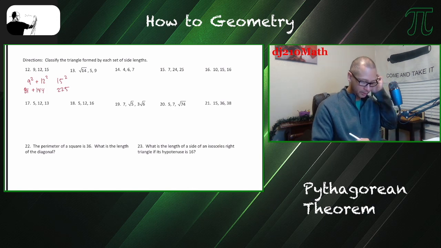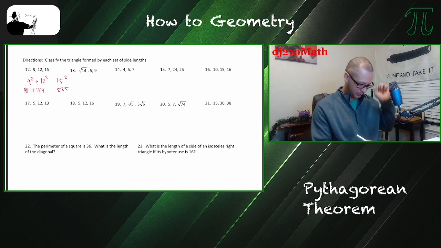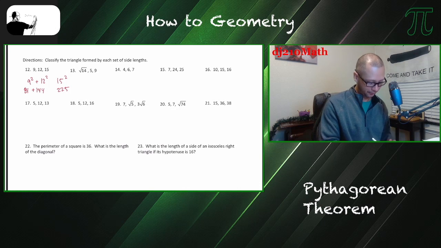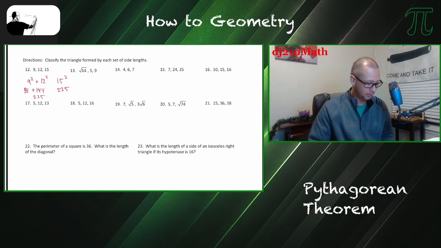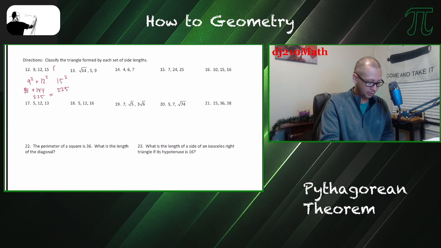So the question is, how does 81 plus 144 compare to 225? Well, 81 plus 144 is 225 exactly. So they're equal, which means this is a right triangle.